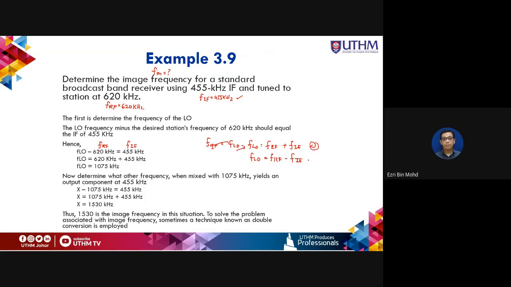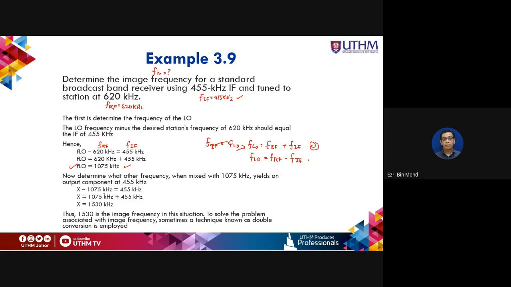Kan? FLO minus 620 kHz, you get FIF. So FLO must be set at 1075 kHz. FLO, local oscillator. Now determine what other frequency, when mixed with 1075 kHz, produces an output at 455 kHz.